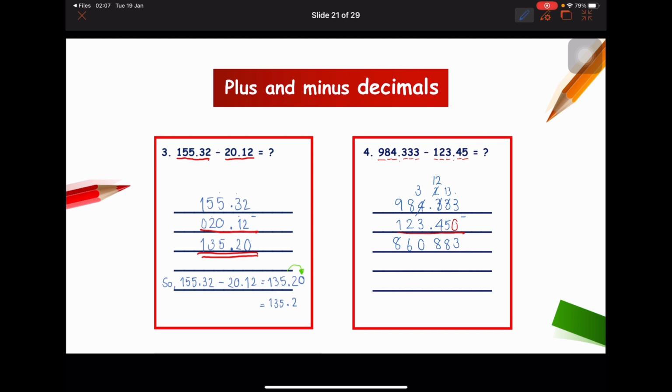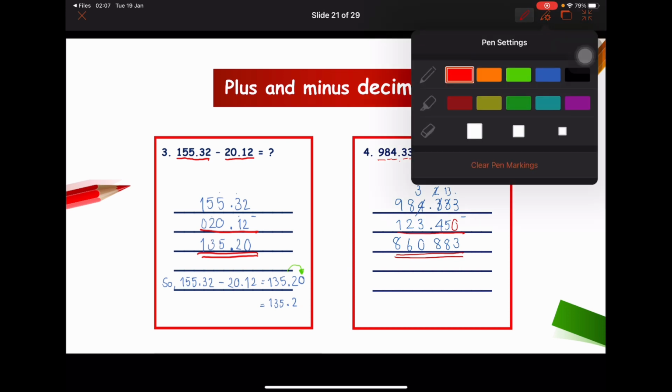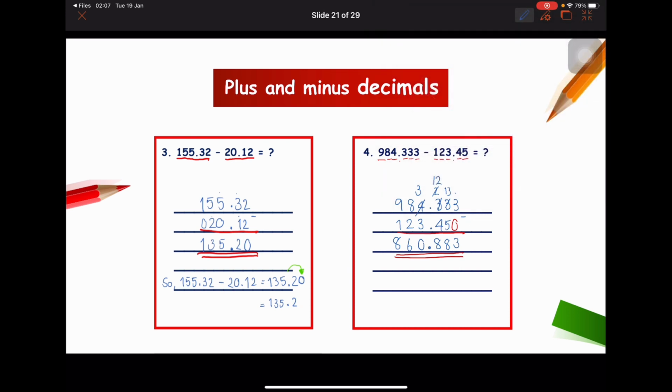Okay, so underline with your red pen. Okay, everybody write so together. So what? So you forgot to put down the decimal point.